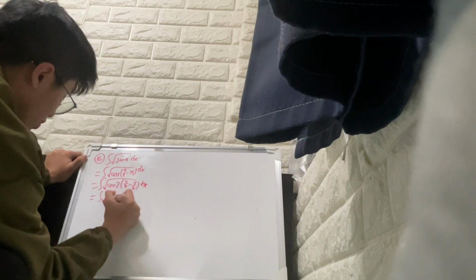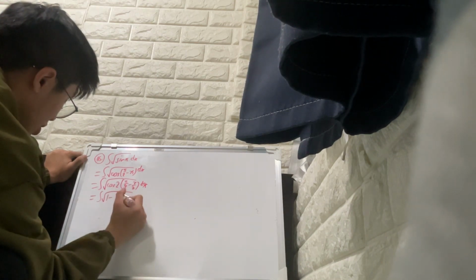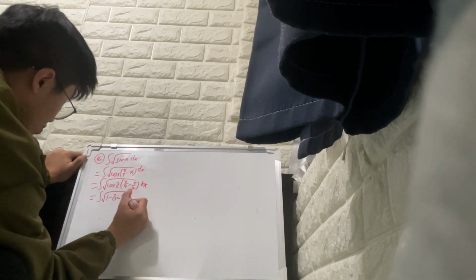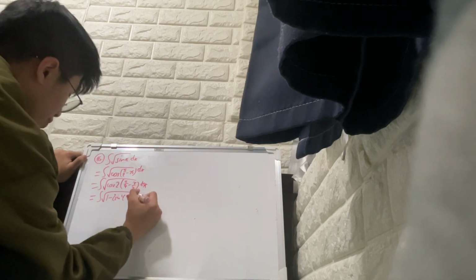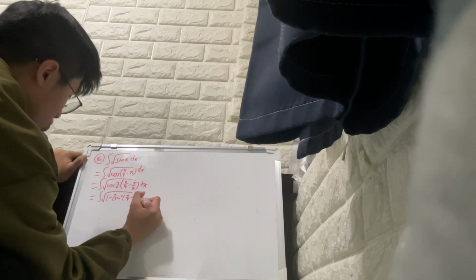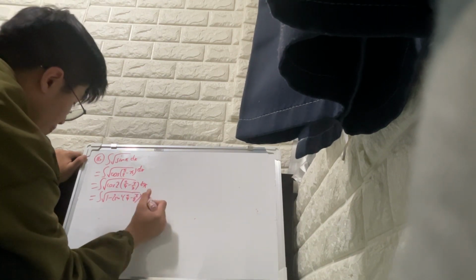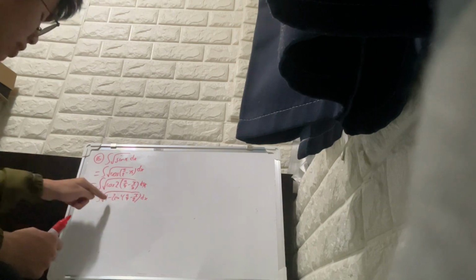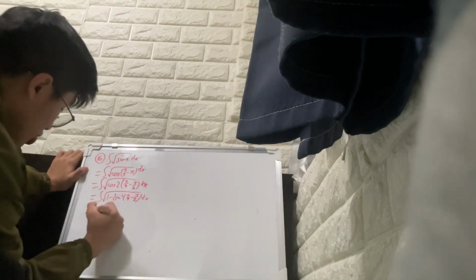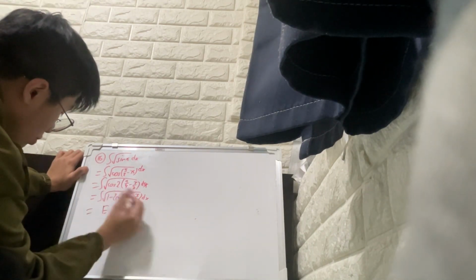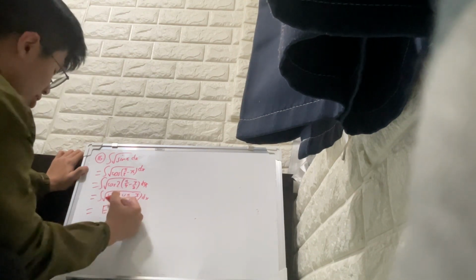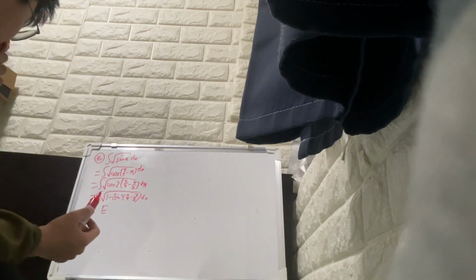So you get square root of 1 minus 2 sine squared of pi over 4 minus x over 2 dx. And 1 over 2, 1 minus 2 sine square of something. We have a negative sign, so be sure you just get it here. Square root of something, right? Square root of 1 minus, right?